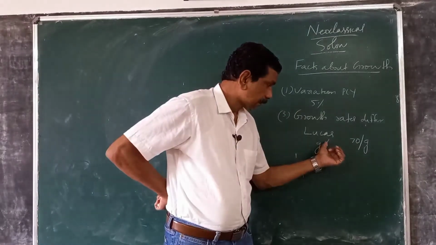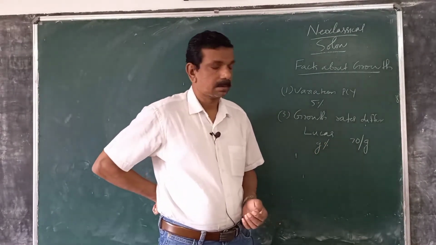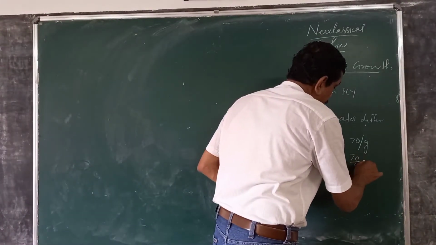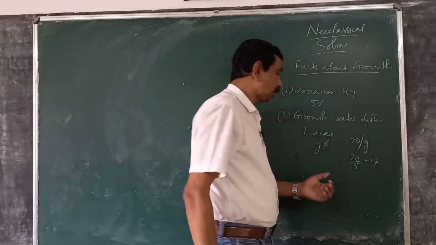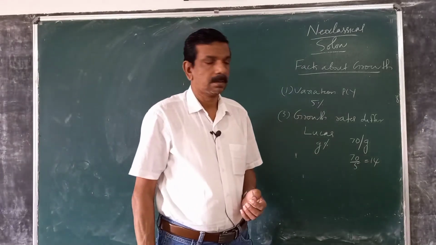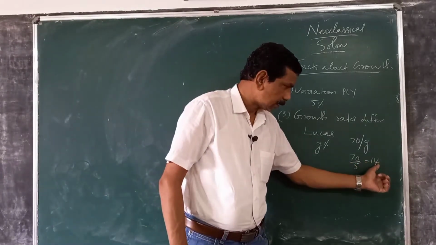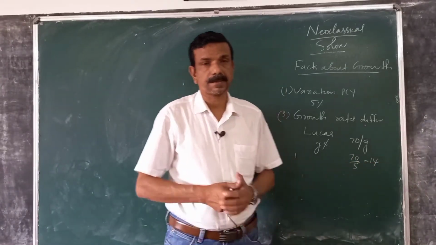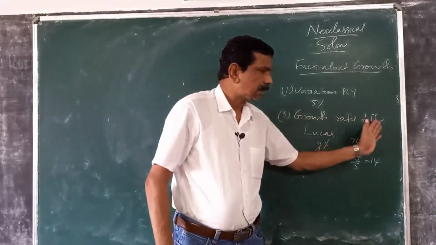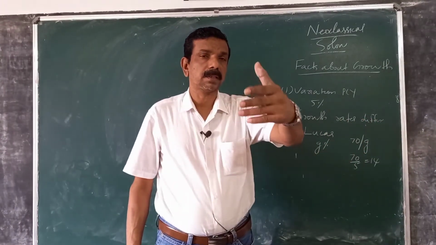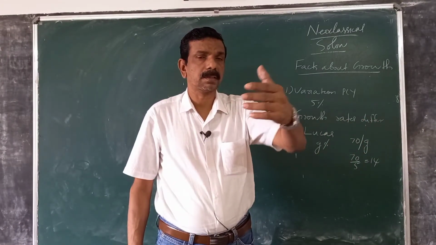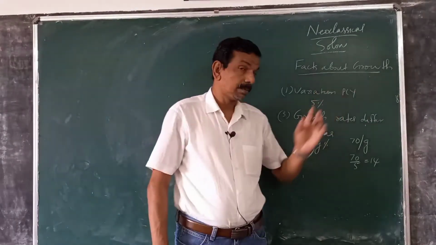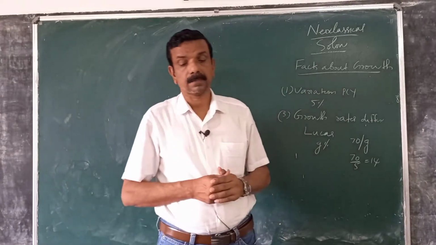A country growing at 5%, for example, 70 by 5, per capita income doubles in 14 years. Then 2% in 35 years, 10% in 7 years, like that. So growth rates are not uniform. Some countries are growing rapidly, some countries are growing slowly. This empirical fact is supposed to be explained by economic theory.